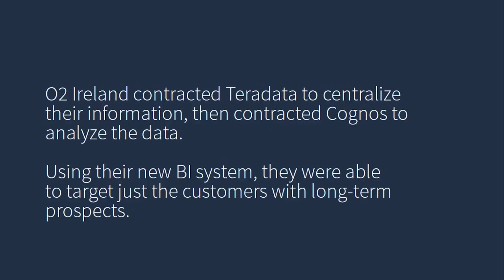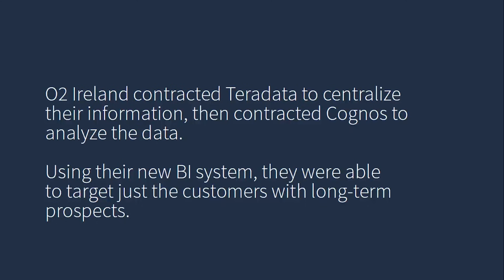Their solution was to contract Teradata to centralize their information in a data warehouse, to map out where O2 Ireland's data was coming from, where they were getting information on the customers, extract, transform, load all of that, standardize it, and get it into a data warehouse. Then they implemented Cognos business intelligence software so they could run queries on that and analyze it.